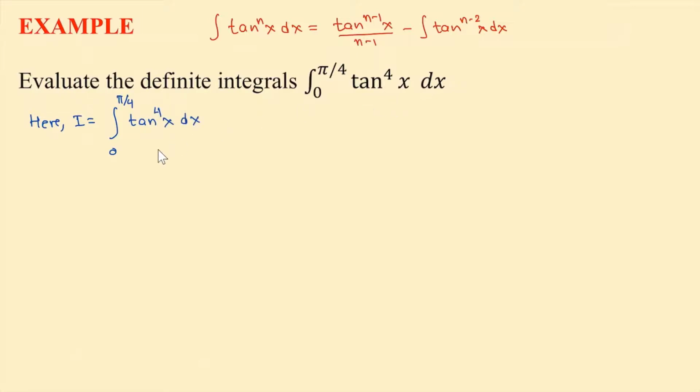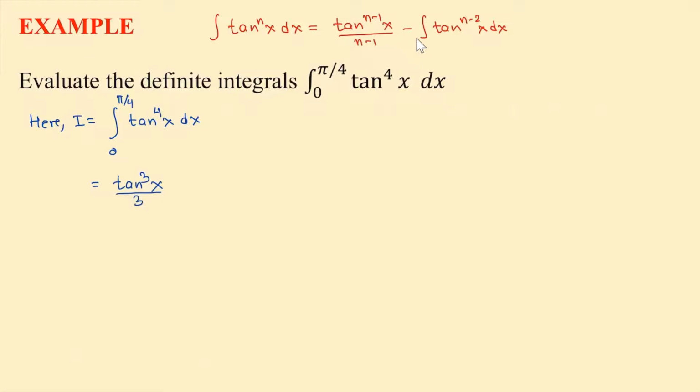I'm going to use the reduction formula for tangent with n equal to 4. So if we do that, this will be equal to, we reduce the power of tangent by 1, so it will be tangent cube x over n minus 1, 4 minus 1, that will be 3. It will be tangent cube x over 3.